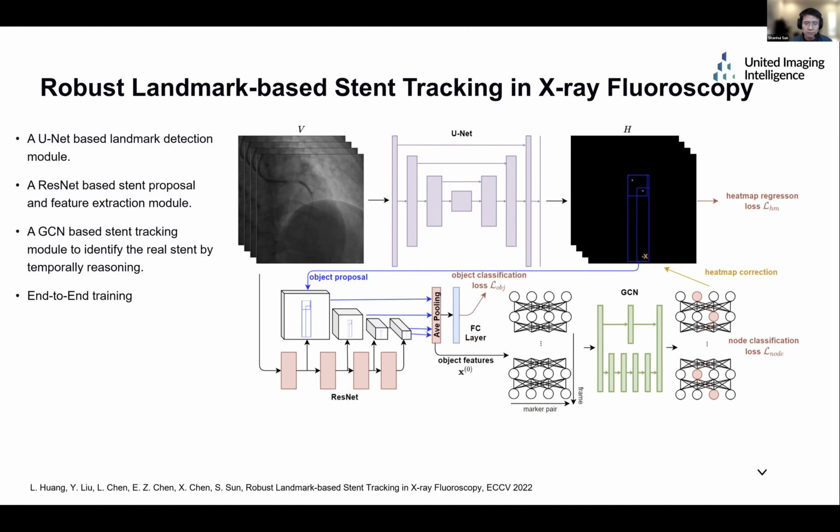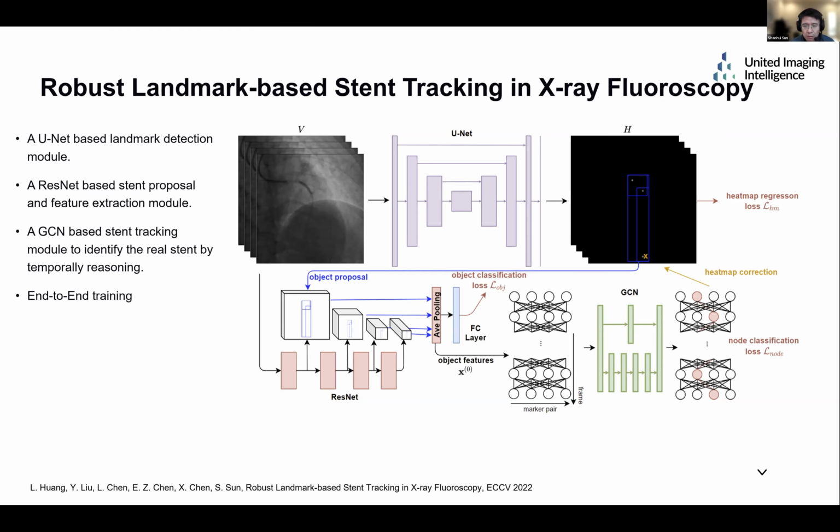The graph node's initial feature we set up based on those ResNet features, and for the edge feature, the initial feature we set up either based on the image feature or the geometry constraint feature, and then we send the graph into the graph convolutional neural network.